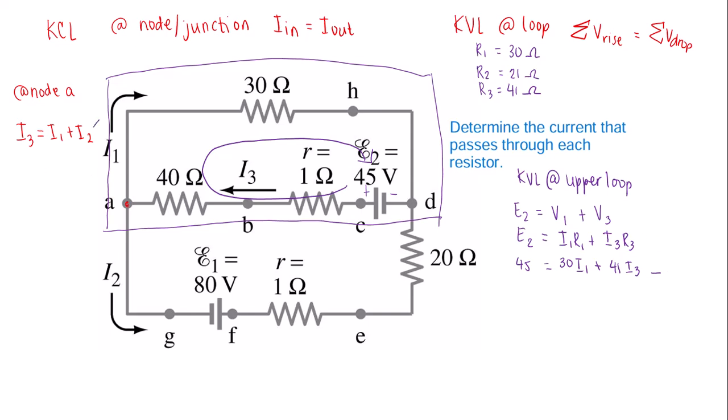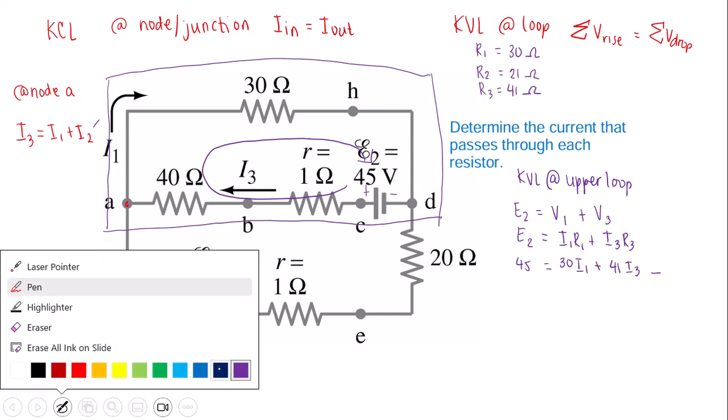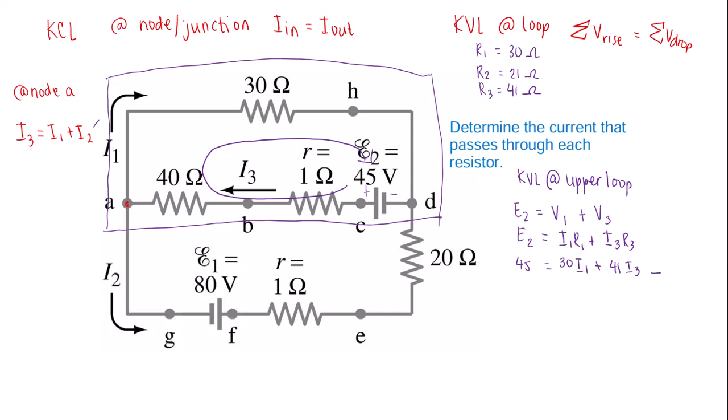This is equation 2. Next, we can choose another loop where we only have one battery. If we choose the lower loop or lower region, we'll have to deal with two batteries. It's still alright, but let's try to simplify first. Find a simpler one first.